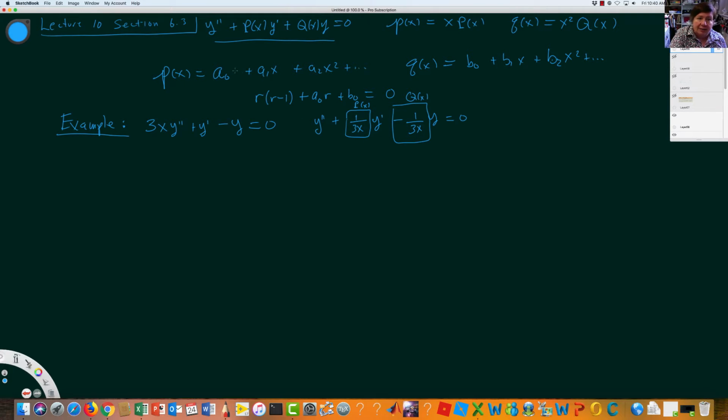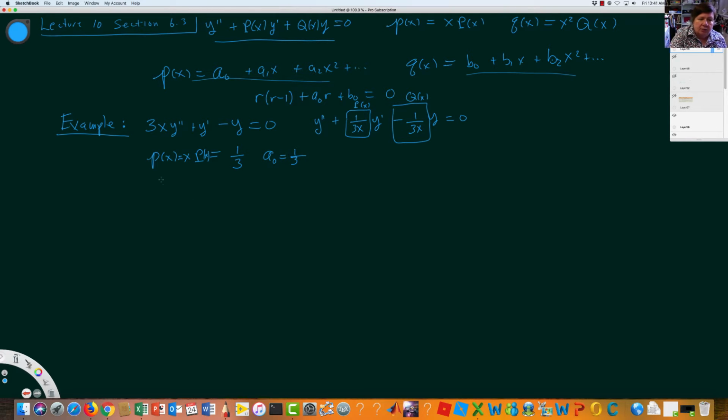And now I'm going to find this stuff here. So I have little p of x equals x times the big P of x. And that's just going to be 1 over 3. Now notice in that expansion up here, that means that a0 is 1 over 3 and all the other ones are 0, right? a1 is 0, a2 is 0, etc. So this tells me that a0 equals 1/3.